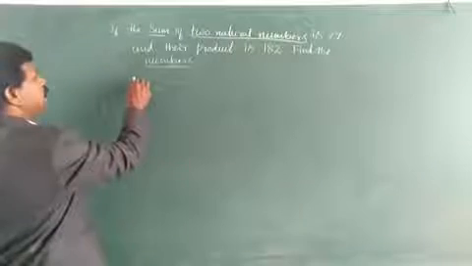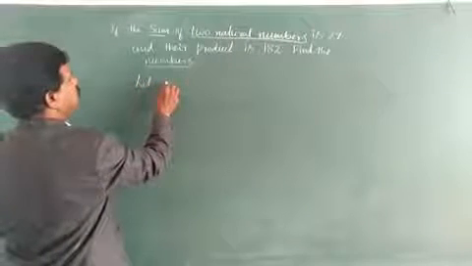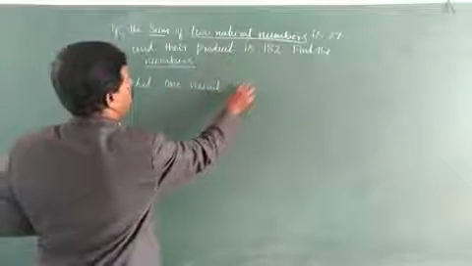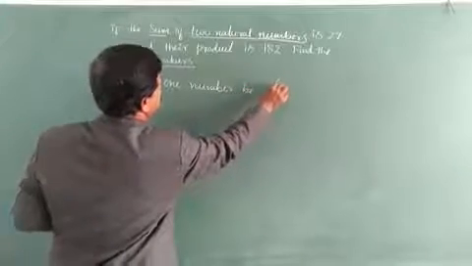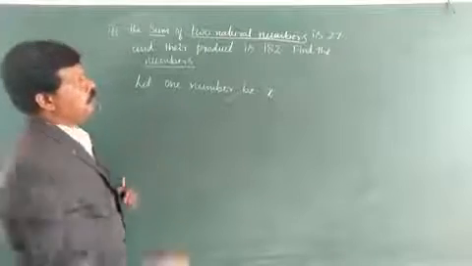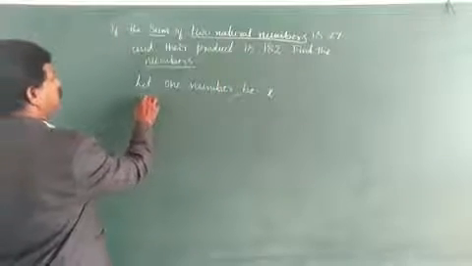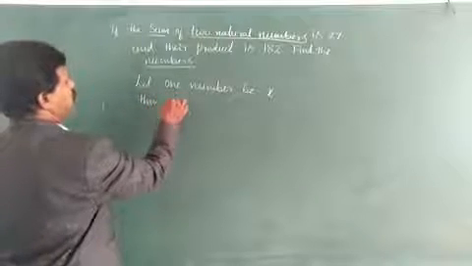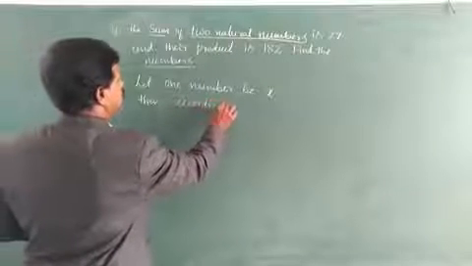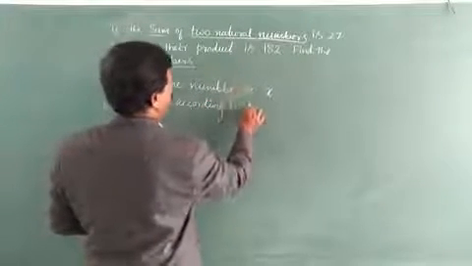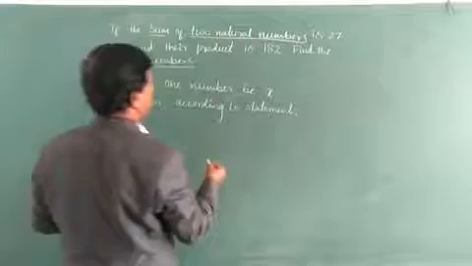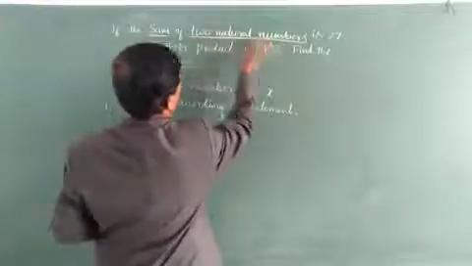First, let one number be x. Then what is the second number? According to the statement, the sum of two natural numbers.